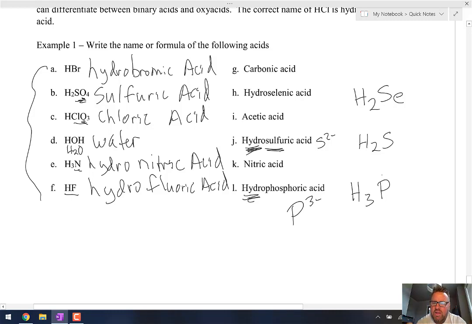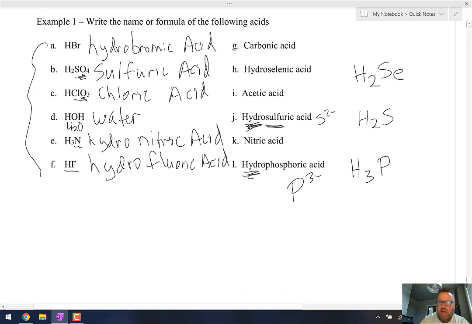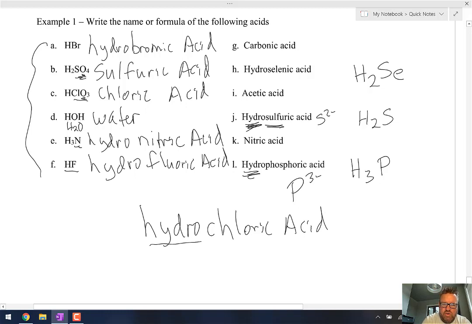Now let me do one or two more here. If we look at, for example, hydrochloric acid, I think we've seen this one before, but just to make sure. It starts with hydro, which means it has to come from the periodic table. Chloric comes from chlorine, and chlorine is Cl, and it has a -1 charge. It's below fluorine.